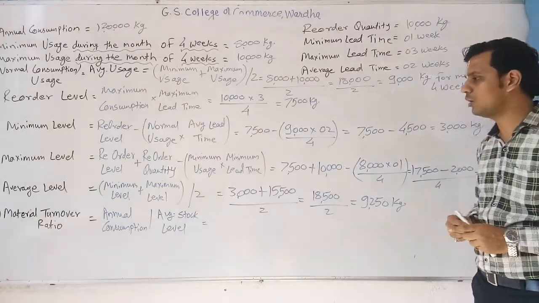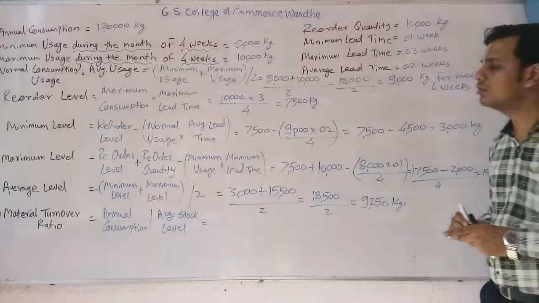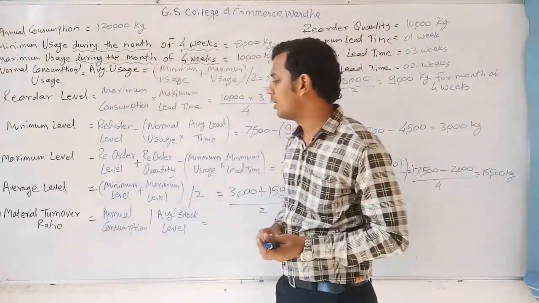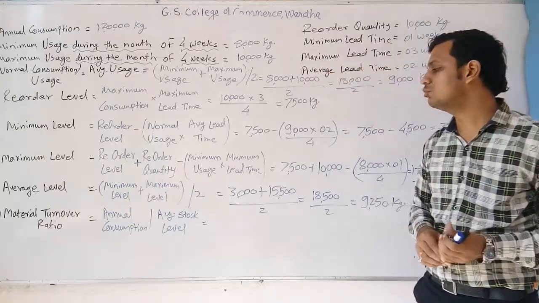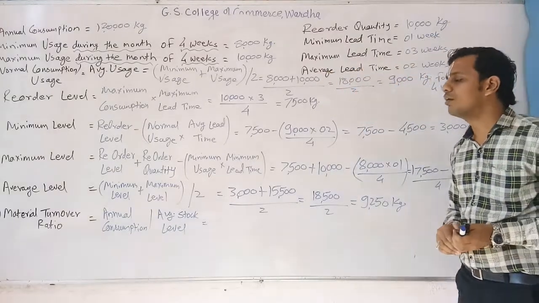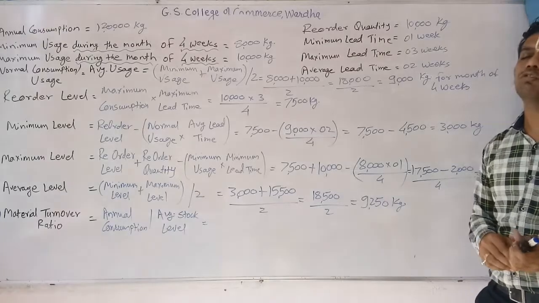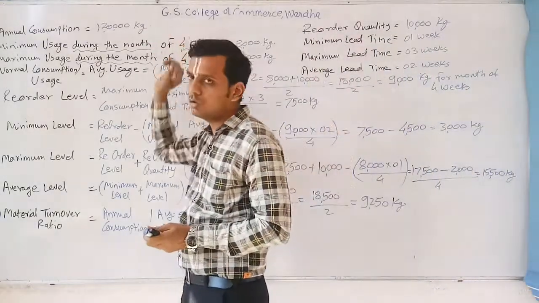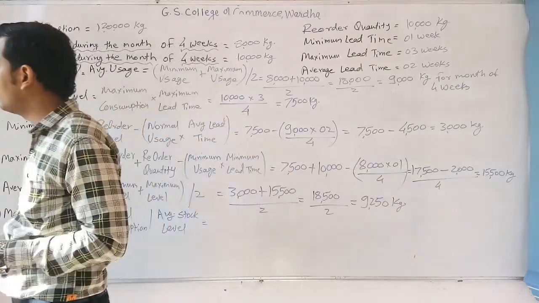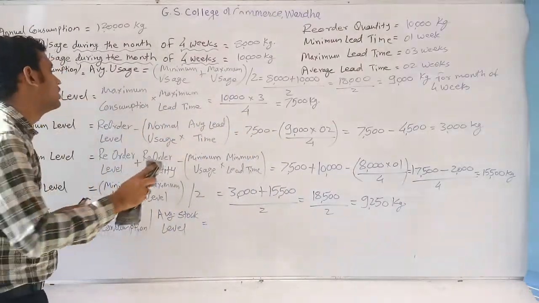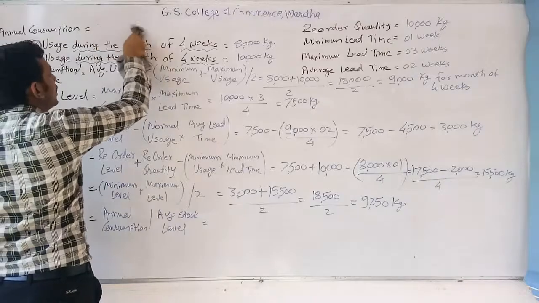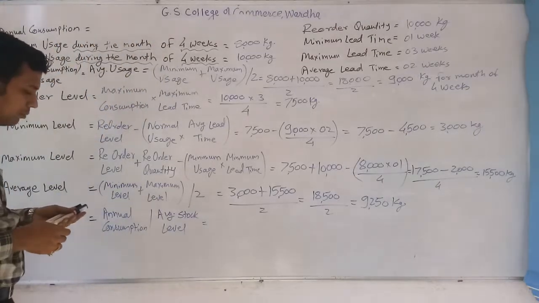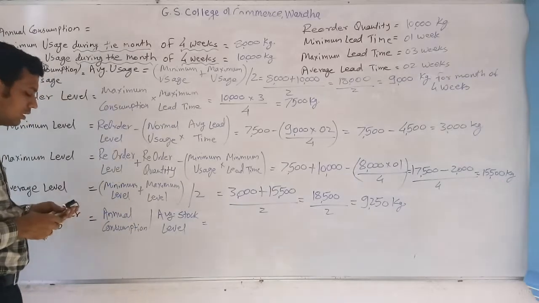Now lastly we have to calculate material turnover ratio. This is the new formula for all of us. The formula for material turnover ratio is annual consumption divided by average level of stock. The question has already given annual consumption of 1,20,000 units, but suppose this annual consumption is not given in the question and we are asked to calculate material turnover ratio, how are we going to know the annual consumption?